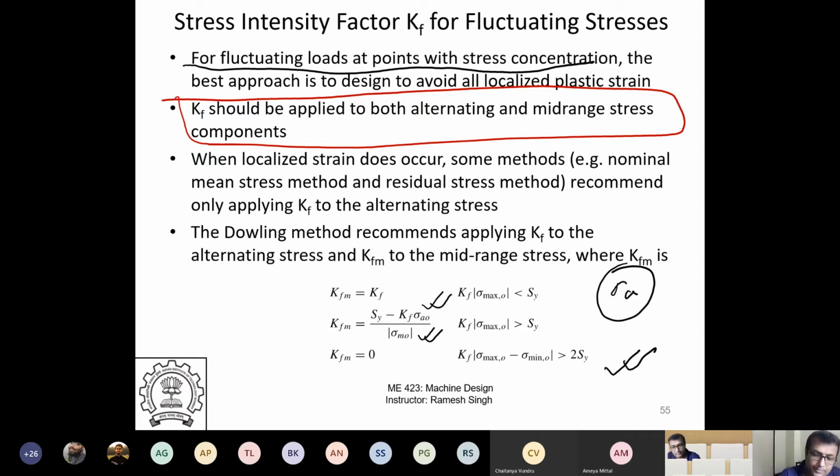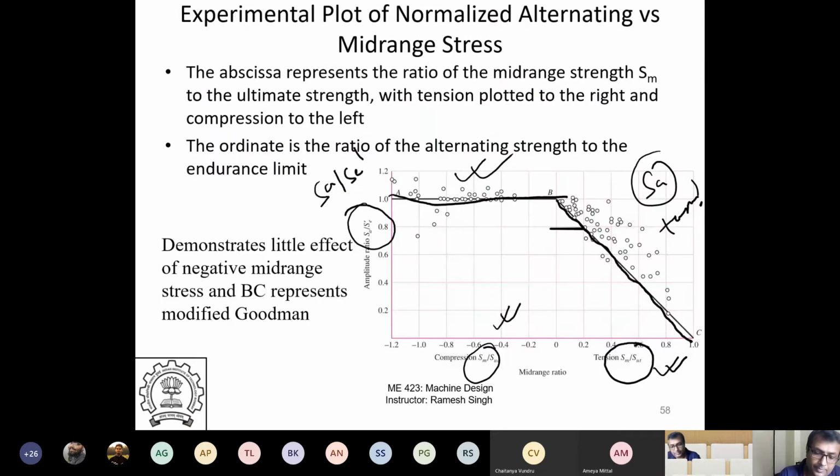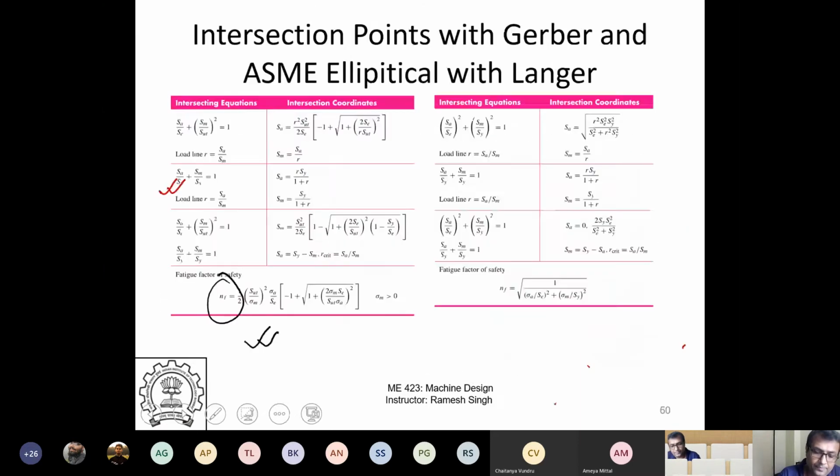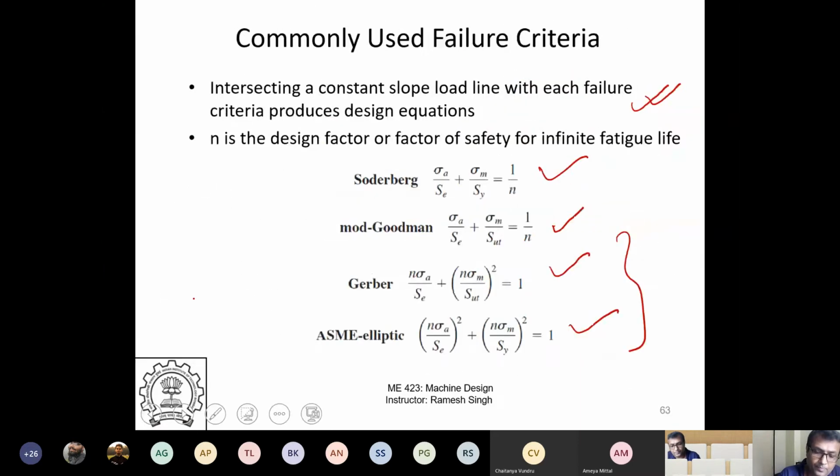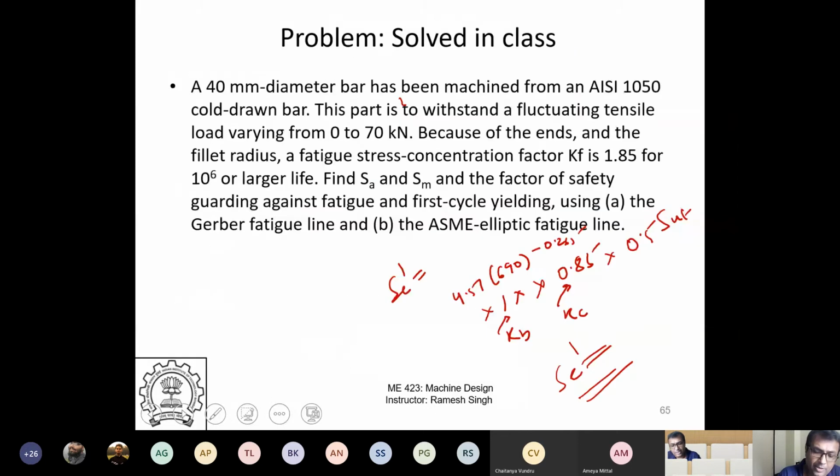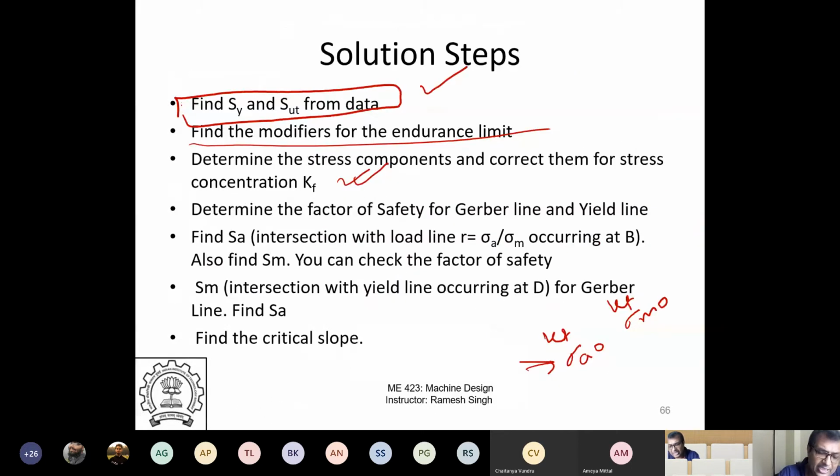So step 1, I found sigma Y and SUT. Second, I found all the modifiers. And third, I find the stress components and correct them for stress concentration.